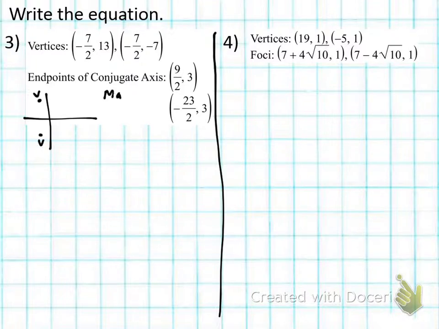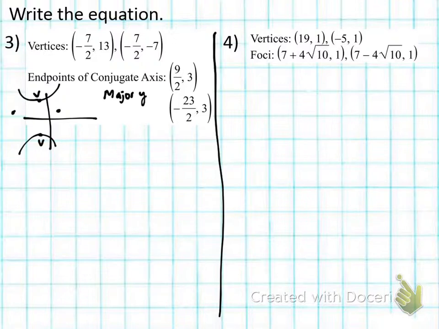So I know already that this is going to be a major Y example because of where the vertices are, and these are my 2 endpoints. Based upon all of this, let's predict what the center will be.